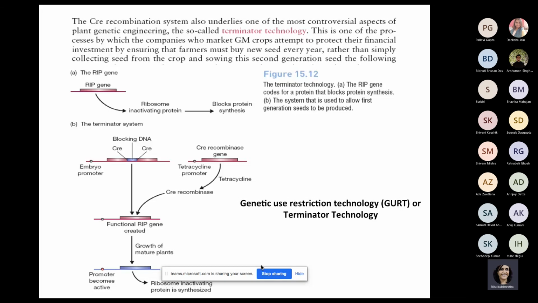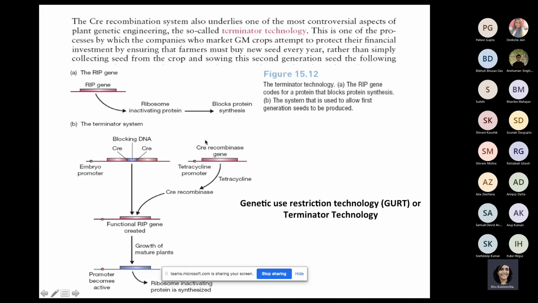It's a little complicated, but I just want to say that the developers are not having a problem in growing the plants and harvesting the seeds every crop season, because after all their rib is inactive every time, right? It is just that a bit of the seeds that they harvest, they incubate with the tetracycline.